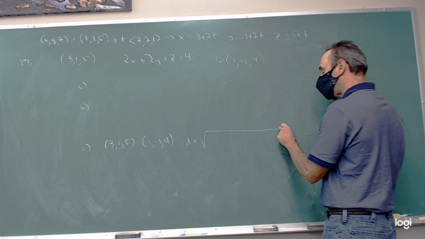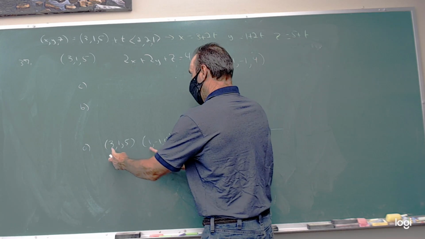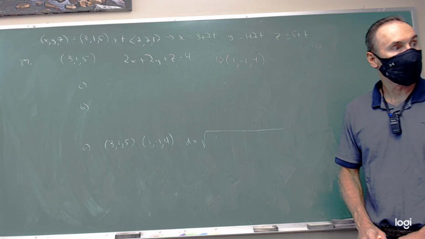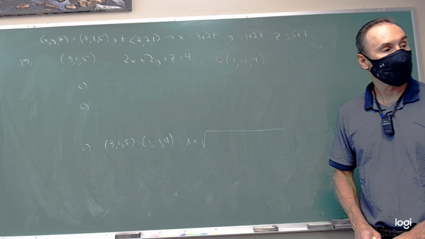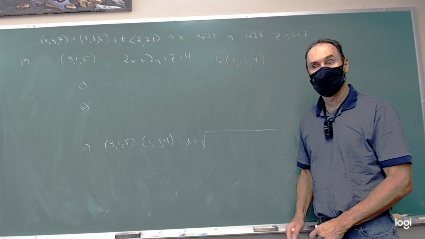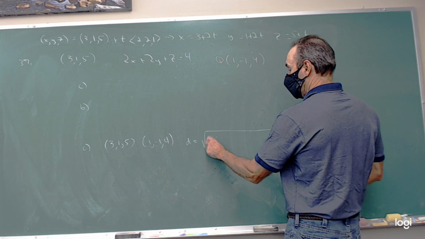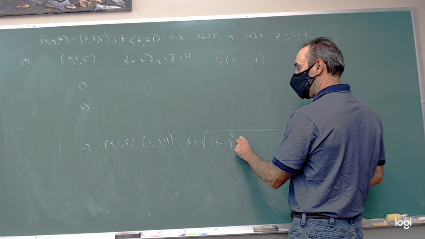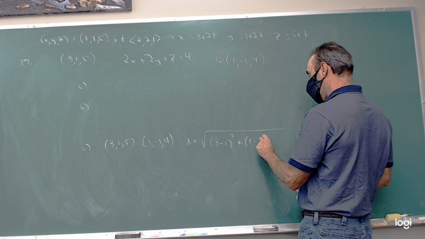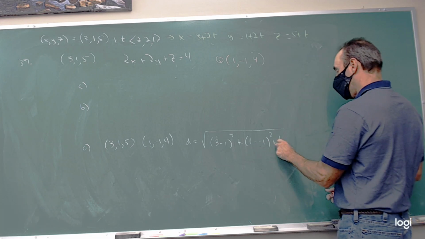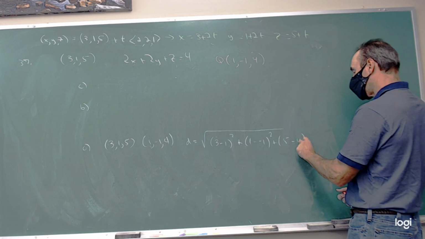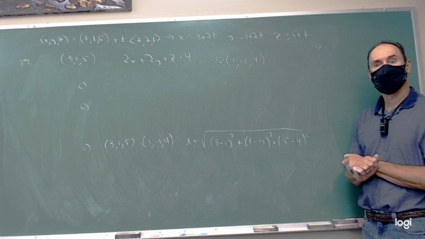You get the square root of the x coordinate difference squared plus the y coordinate difference squared plus the z coordinate difference squared. No matter what order you go in, because you're going to square them. So we go 3 minus 1 squared, 1 minus -1 squared, 5 minus 4 squared. You with me on that?